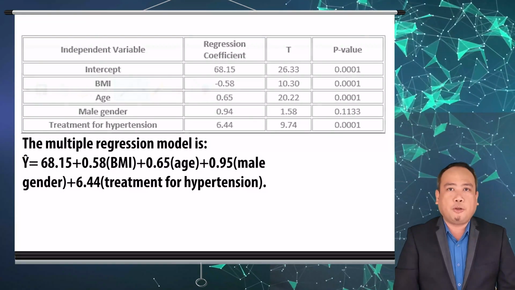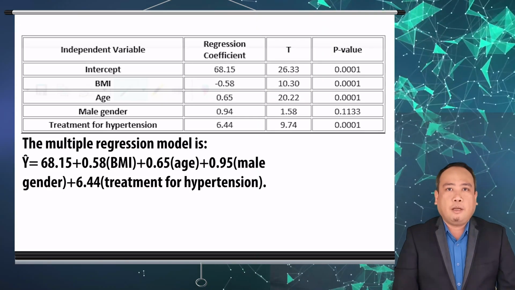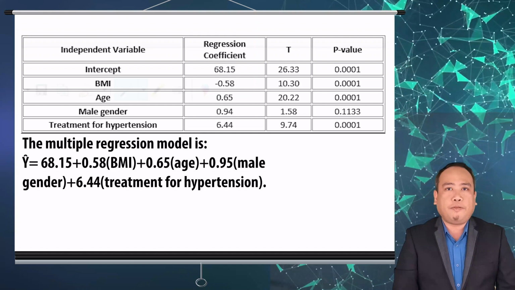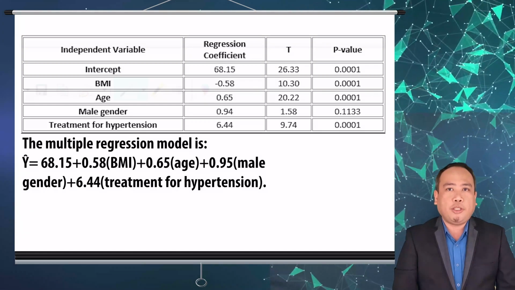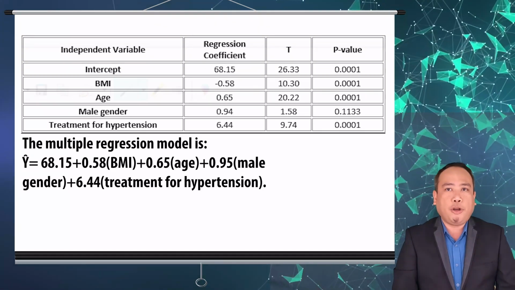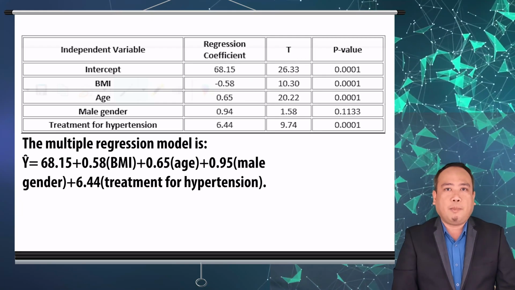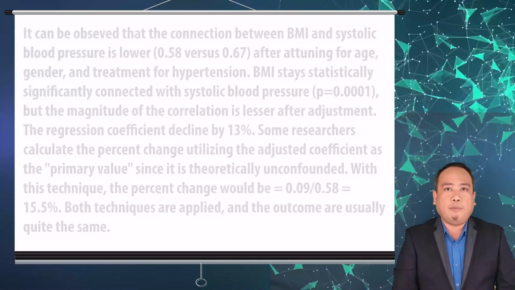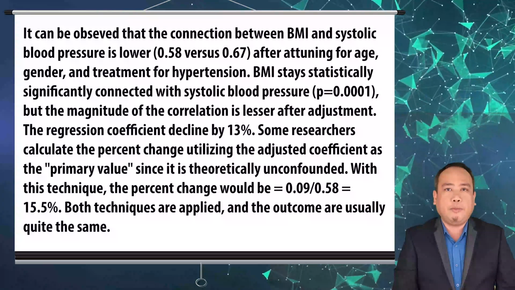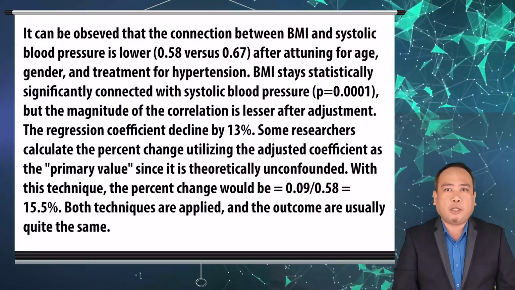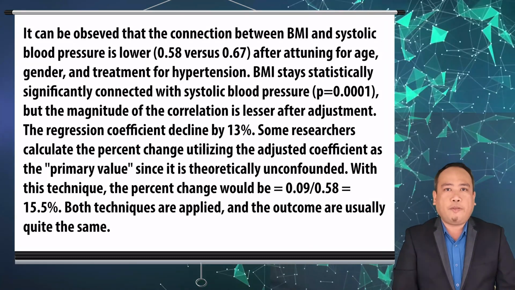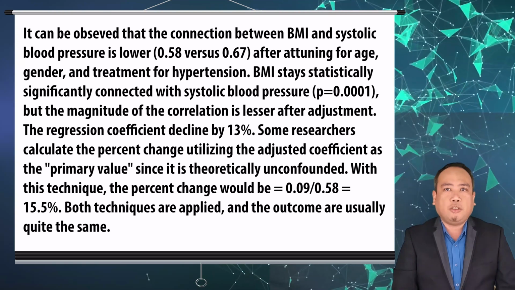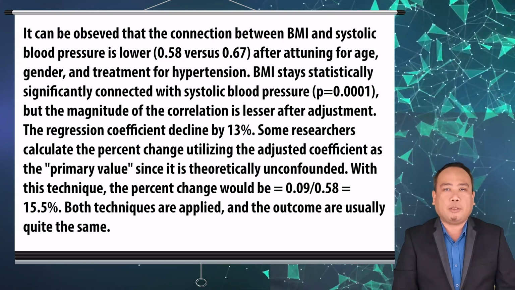The multiple regression model is given by y is equal to 68.15 plus 0.58 BMI plus 0.65 age plus 0.95 male gender plus 6.44 treatment for hypertension. It can be observed that the connection between BMI and systolic blood pressure is lower, 0.58 versus 0.67, after adjusting for age, gender, and treatment for hypertension.